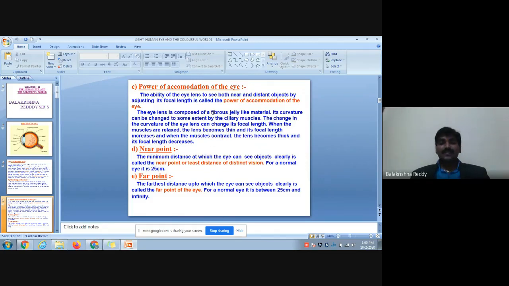The eye lens is composed of a fibrous, jelly-like material. Our practical lenses are transparent media, very thick, like glass. But in the human eye, the lens is a fibrous, jelly-like material. Its curvature can be changed when you are extending or changing the ciliary muscles. The change in the curvature of the eye lens can change its focal length.